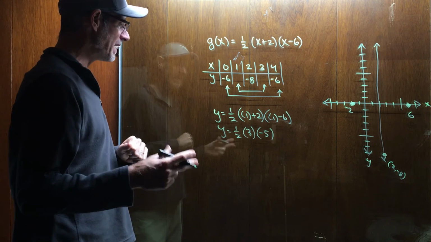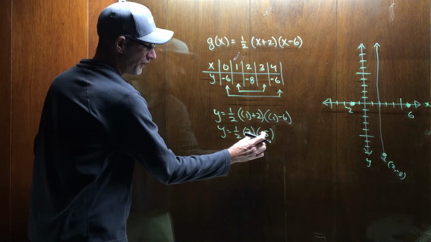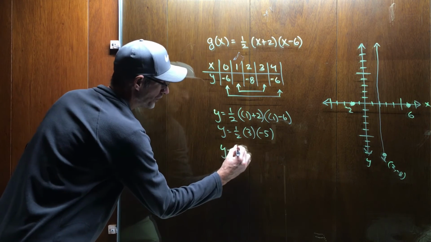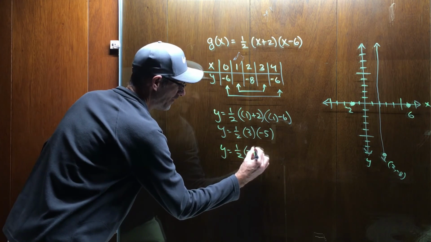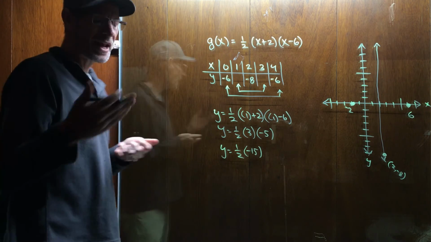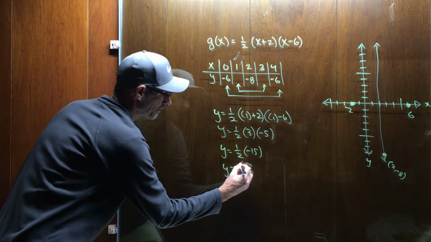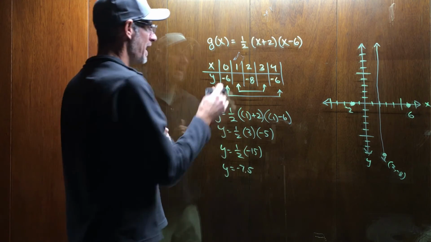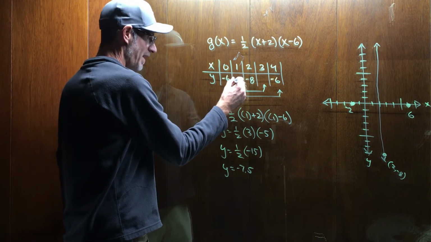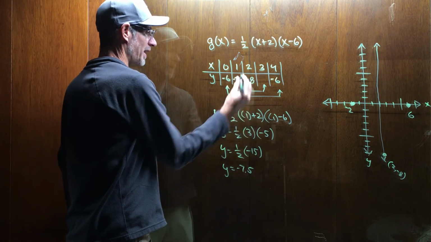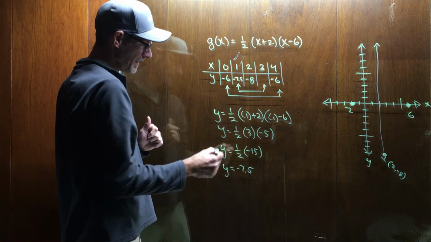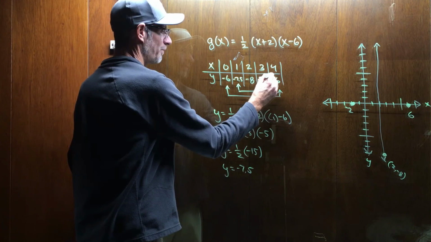Since you can multiply in any order, I'm going to multiply these first. So I'm going to have y equals 1/2 times negative 15. Now, 1/2 of negative 15 is negative 7.5. So when my x value is 1, my y value is negative 7.5. And when my x value is 3, my y value is negative 7.5.